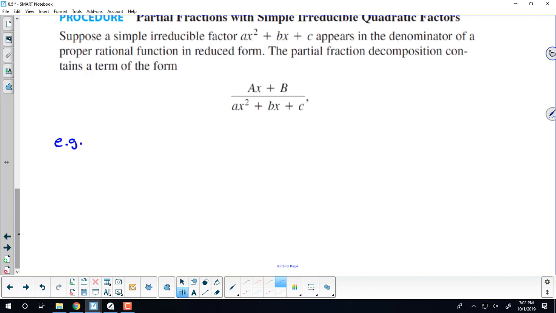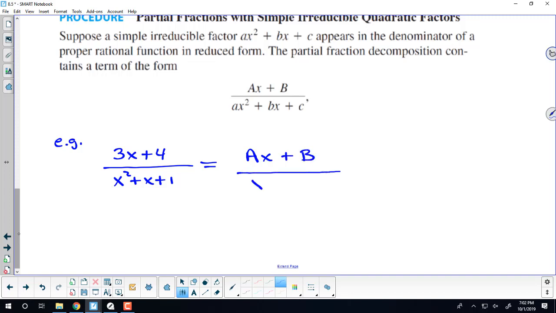For example, 3x plus 4 over x squared plus x plus 1. We have to set that equal to Ax plus B over the irreducible quadratic and solve for A and B.